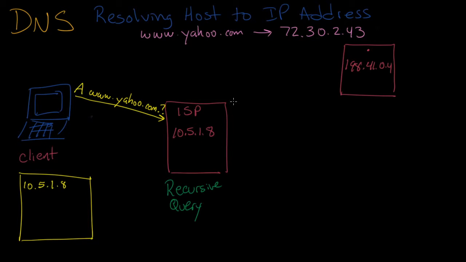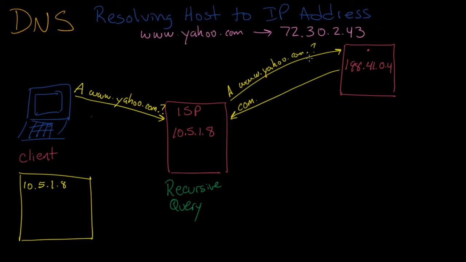Your ISP is now going to forward your request to this DNS server, and it's going to ask the same question: what is the address for www.yahoo.com? And most likely, this name server is not going to know the answer. It's not responsible for knowing the answer to any query that's outside of its zone. It's going to come back with a response that says, I don't know the answer. Why don't you go ask the name server for the com domain?